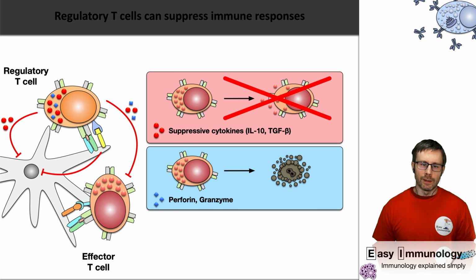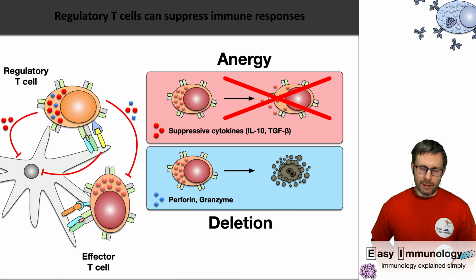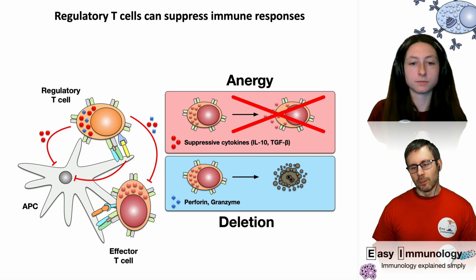In the upper part, the cell is still there, but it cannot be activated. This is what we call anergy. So this is a non-reactivity, even if they become stimulated by the next antigen presenting cell in the next lymph node. Whereas the lower part is called deletion. There the autoreactive T cell is not there anymore, and this is just an important distinction.